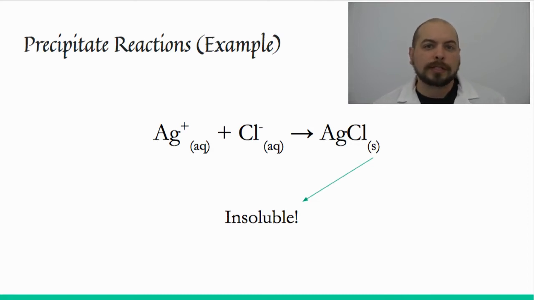But if we're to look at something and see that silver chloride was one of those products, we would now be able to tell you, based off of what we know in terms of solubility rules, that that would be insoluble and a precipitate would form over the course of that reaction. This is because chloride salts, though normally soluble, in the presence of silver ions forming silver chloride, that is one of the exceptions. Therefore, this would be a precipitate in the reaction.